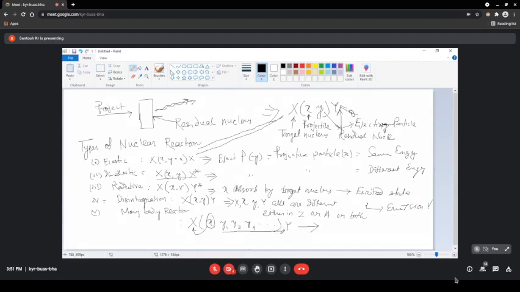This is known as many-body reaction. That means when the energy of X is very high, two or more particles will be ejected. That is known as many-body reaction.